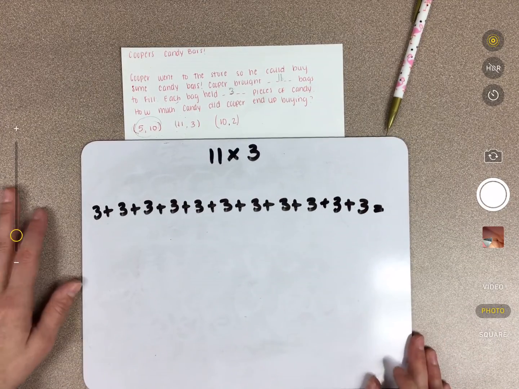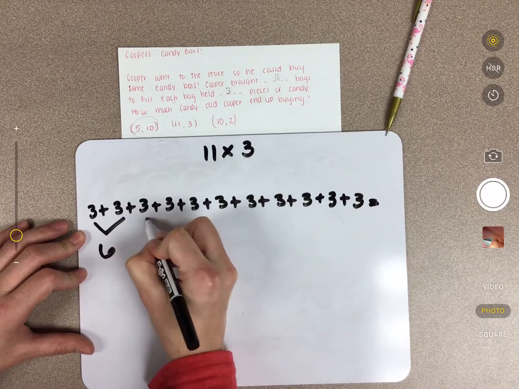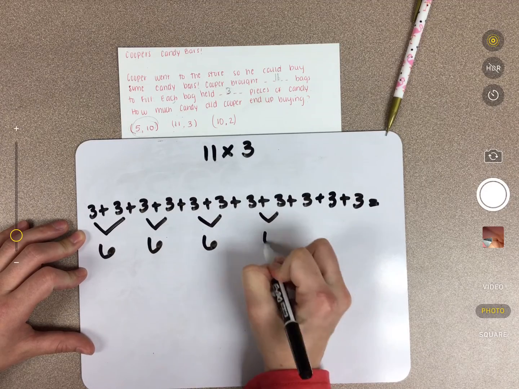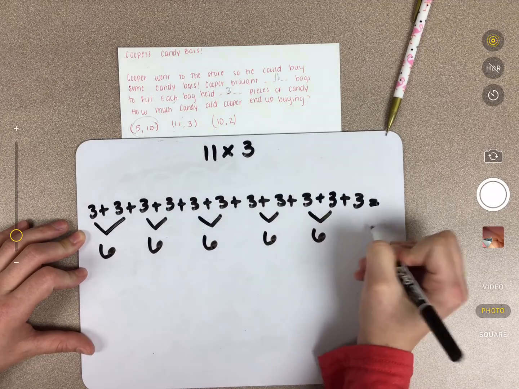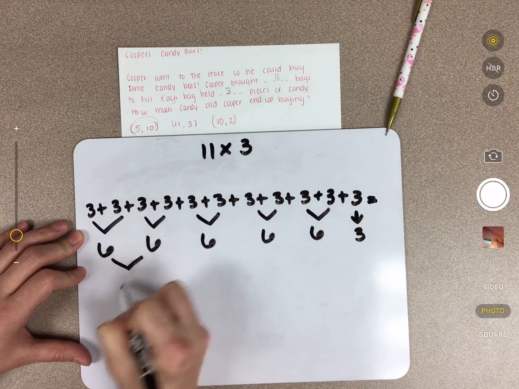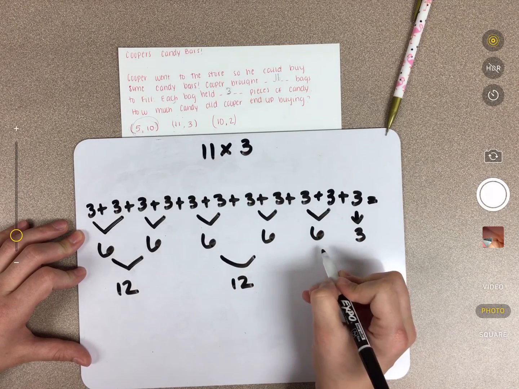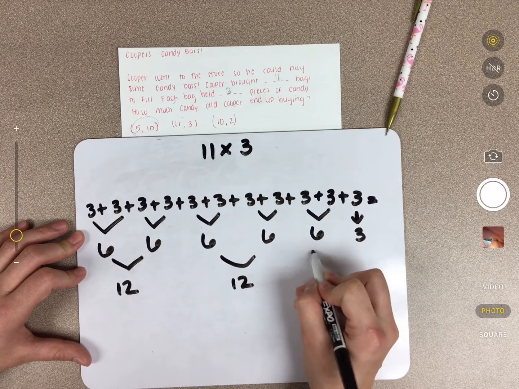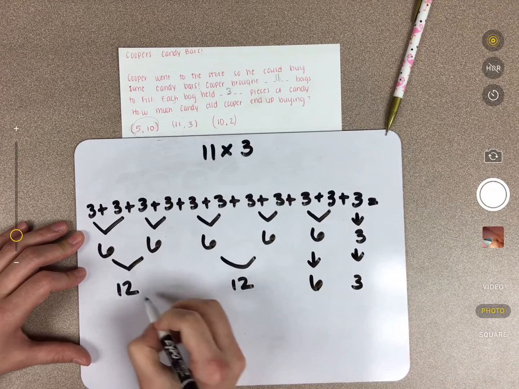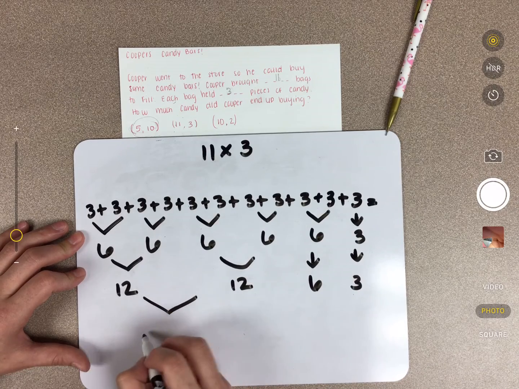Now, I don't count by 3s very well, but I do know that 2 groups of 3 is 6. 2 more groups of 3 is 6. 2 more groups of 3 is 6. 2 more groups of 3 is 6. And then I have 1 three. I know that 2 sixes is 12. 2 more sixes is 12. And then I have a 6 and a 3, so I'm going to bring the 6 and the 3 down just so I don't lose them. But I know that 12 and 12, because 2 groups of 12, is 24.